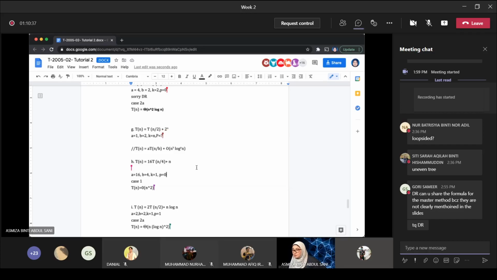Our N is 2. We need to say that our N is 2 because we need to plug it into our formula later on. P is 0. And our N is 2. Because we want to keep the form. We want to follow the form that is given in order for us to use the master theorem. Yeah. And then after that, do the comparison.